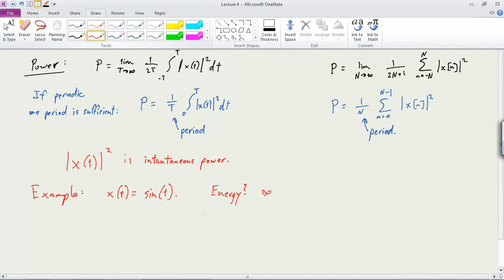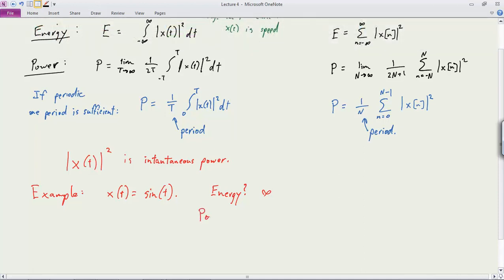So let's say, what is the power? We can calculate that now. And we just need to look over one period, right? 1 over 2 pi, the integral from, what am I using here? Negative pi to pi? 0 to 2 pi. Let's do that. Sine squared t. Sine's real, so I don't need to worry about taking magnitudes.